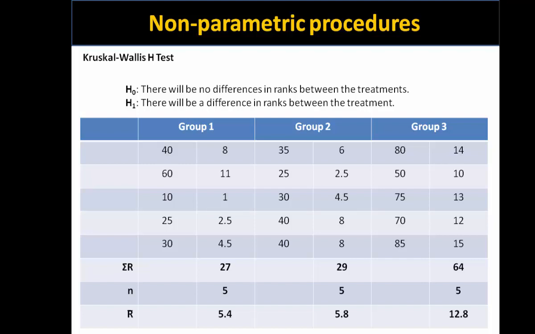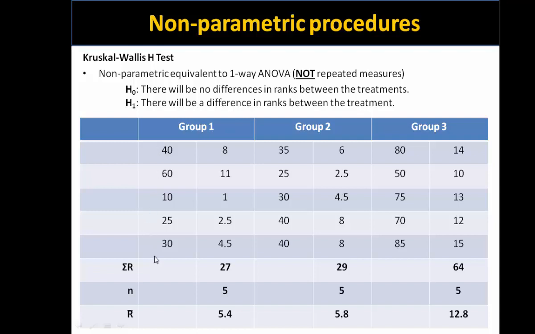The specific statistical procedure is referred to as the Kruskal Wallis H-test, and as indicated, this is the non-parametric equivalent to the one-way ANOVA. Note that this is not a repeated measures design.